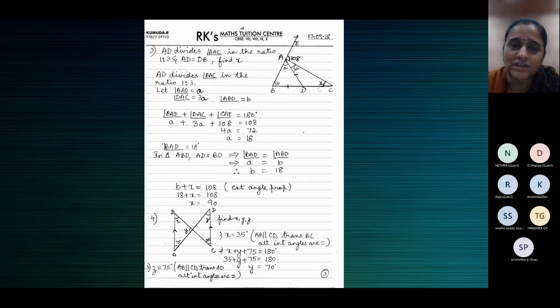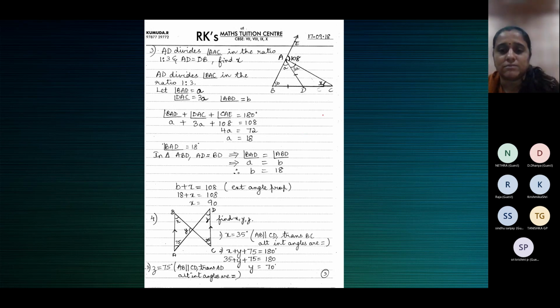But when a transversal intersects two parallel lines, the allied angles formed are supplementary. If the lines are not parallel, they are allied angles, but they are not supplementary.